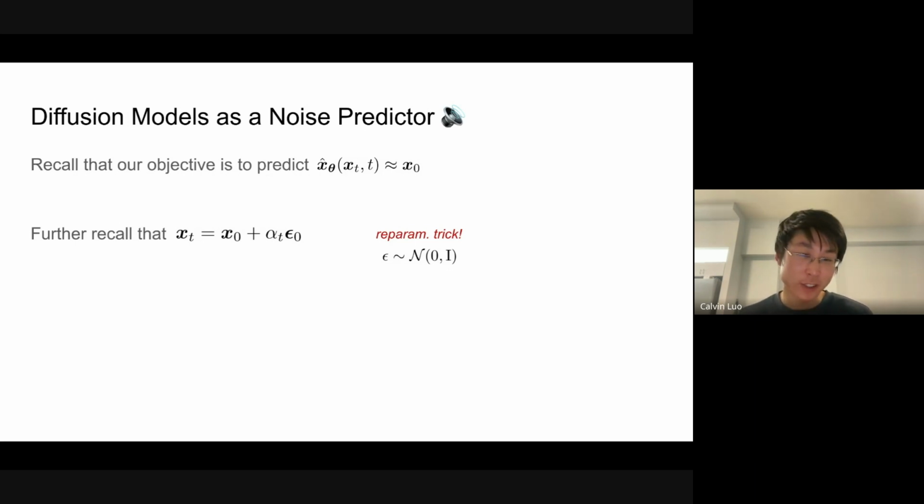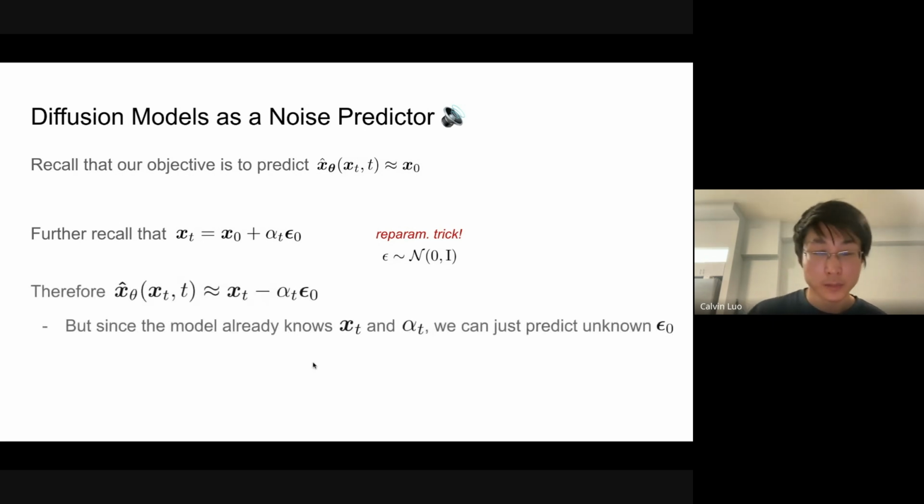But if we rearrange this equation of how xt was constructed, it turns out that x0 is equal to xt minus alpha t times epsilon 0. We just moved it across the equal sign, and we can substitute it into our training objective. We can substitute in x0 for xt minus alpha t times epsilon 0.